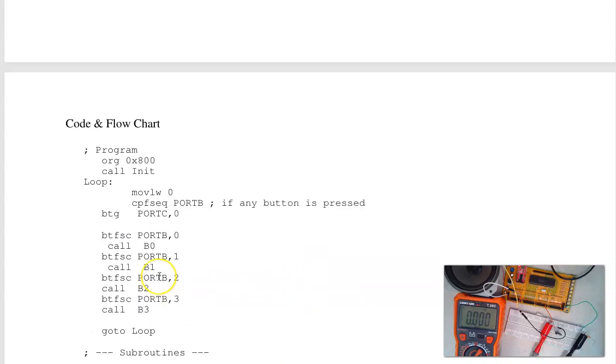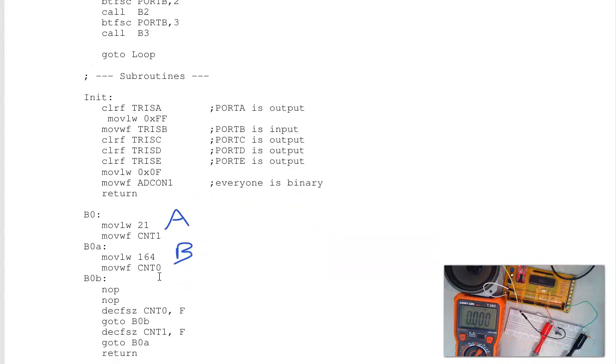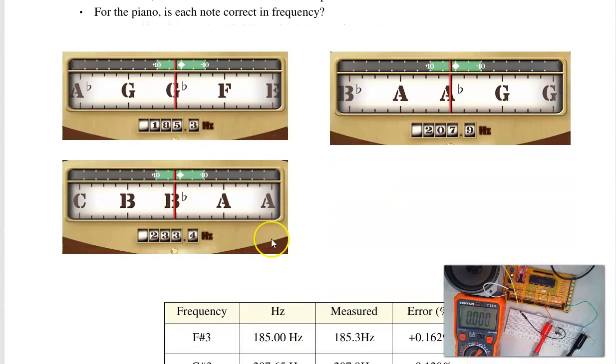So that's basically matching. You can also measure them using the Piano Tuner app.